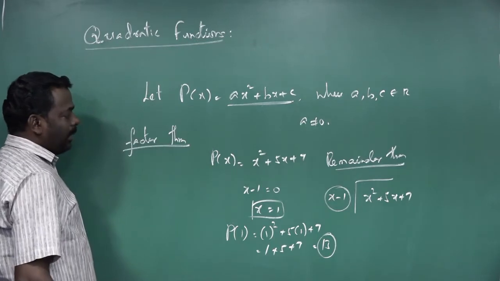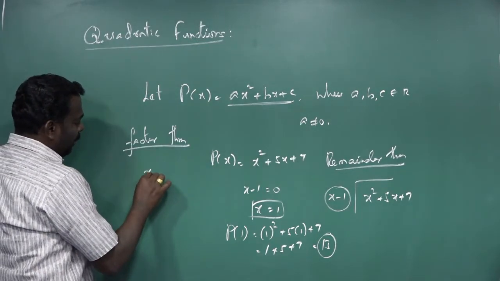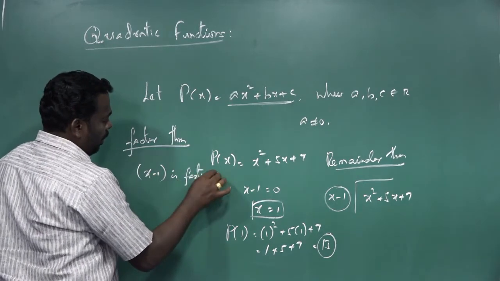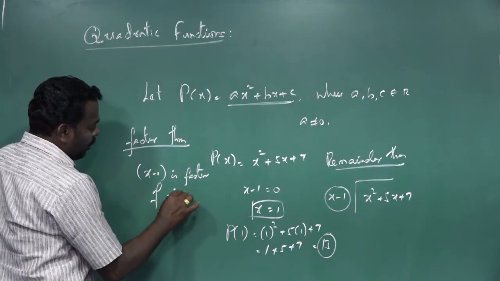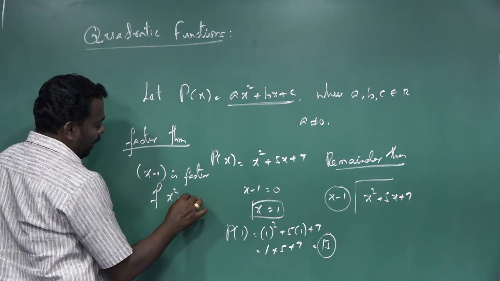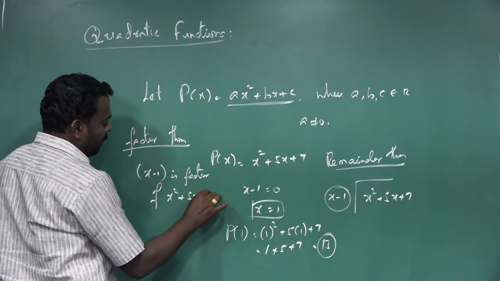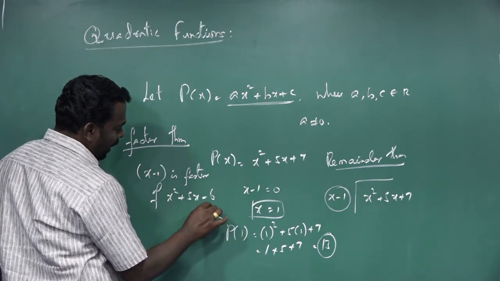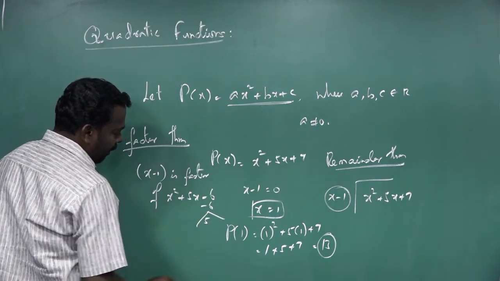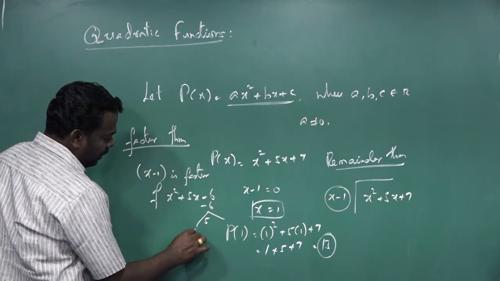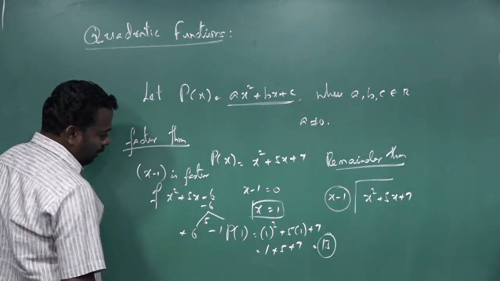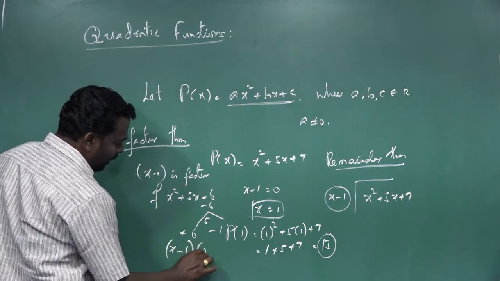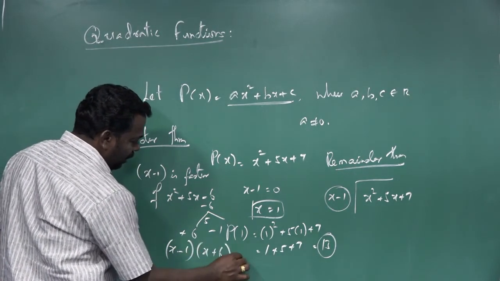What the factor theorem says: if x − 1 is a factor of the polynomial x² + 5x − 6, we can find the factors: −6 and +5. Therefore 6 into 1, plus and minus. So (x − 1)(x + 6) = 0.